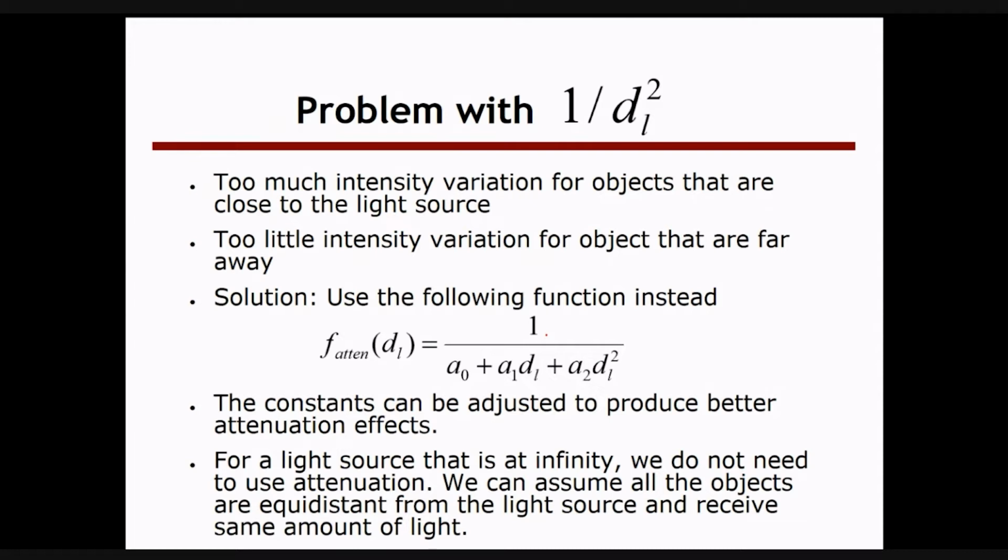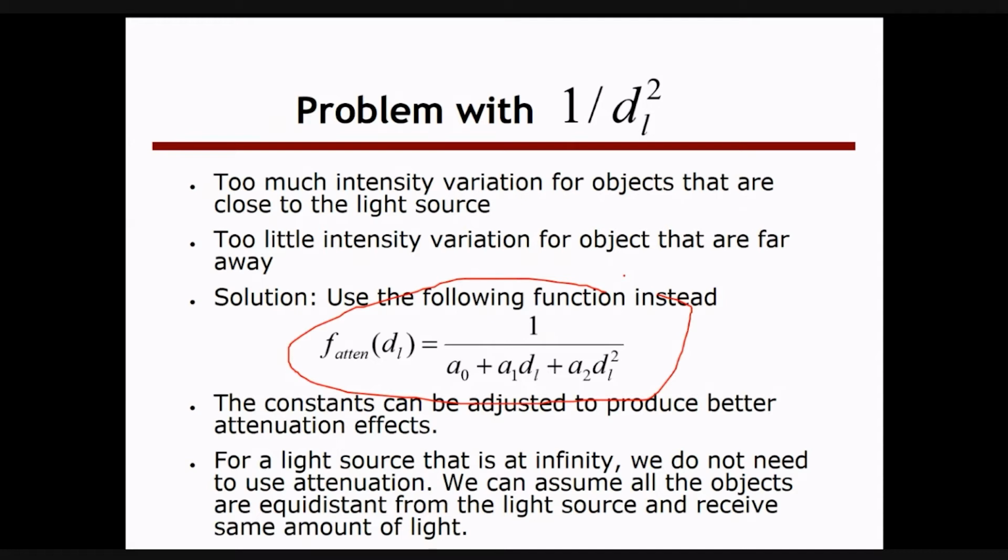Use the following function instead. That function can be given as you can see over here: f attenuation of dl equals 1 upon a0 plus a1 dl plus a2 dl square. Now why are we using these constants? They can be given based on the requirement.